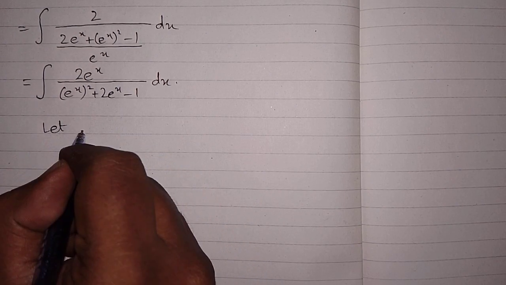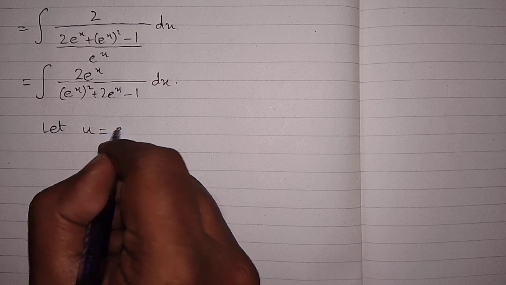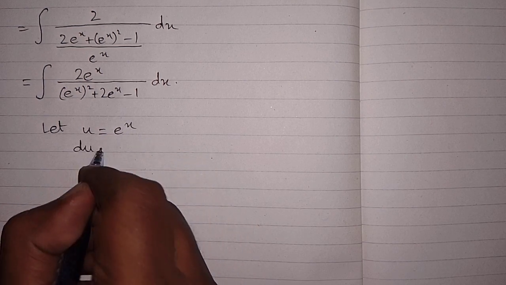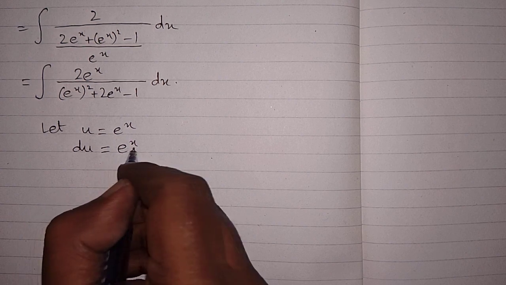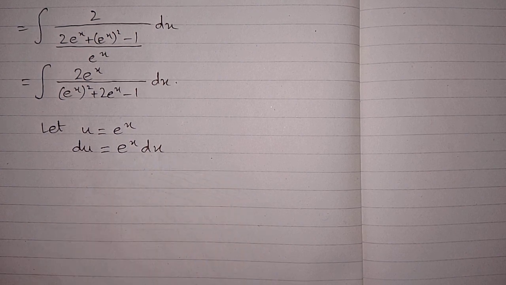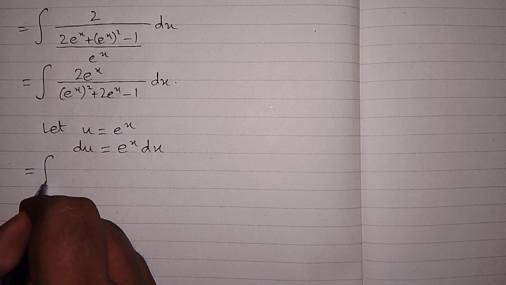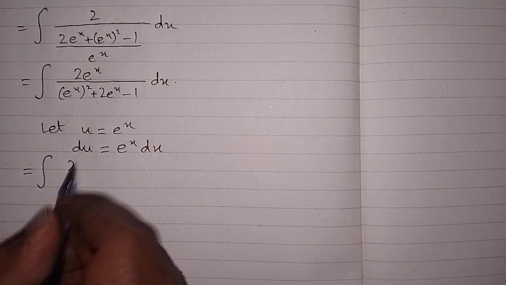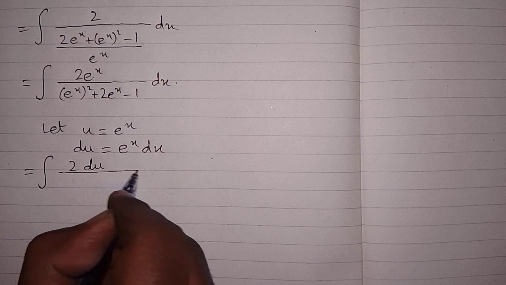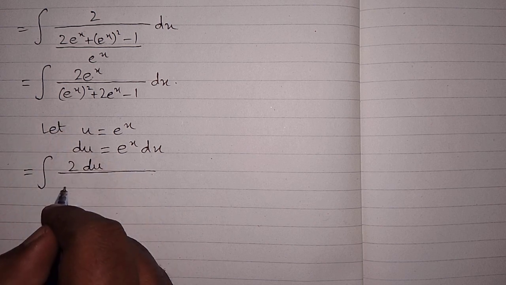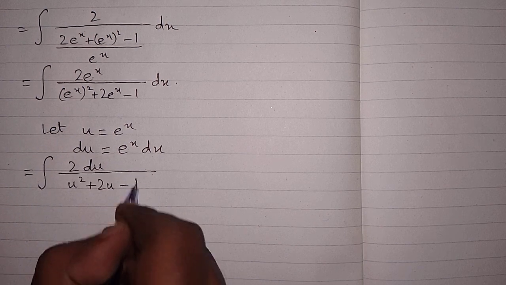Now let u is equal to e to the power x. So the differential du is equal to the derivative of e to the power x, which is also e to the power x multiplied by dx. Now e to the power x dx can be written as du, and in place of e to the power x we can put u. So we have u square plus 2u minus 1.